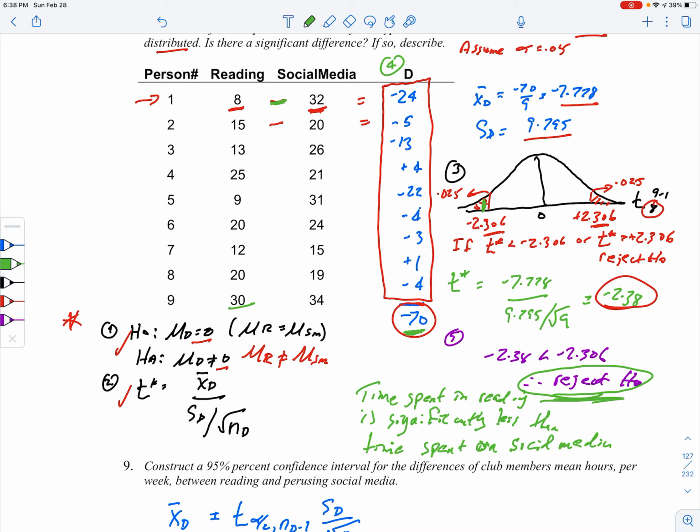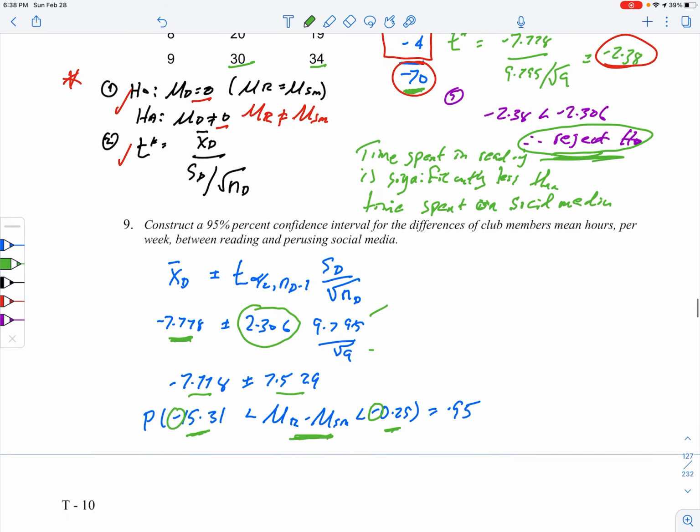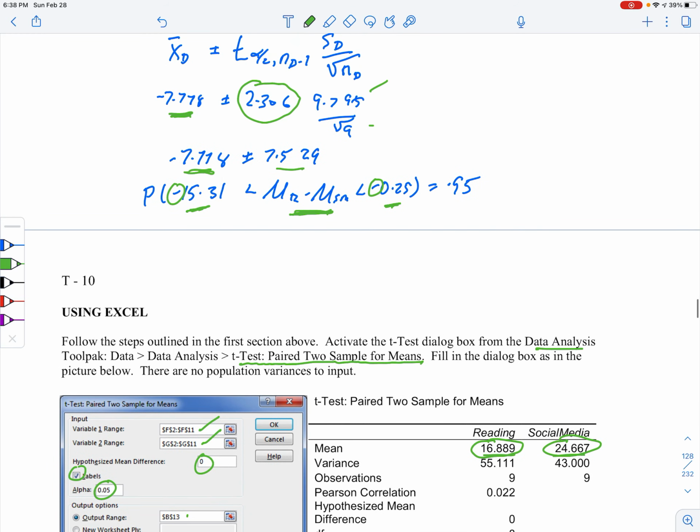But if you calculate the mean for each one, you sum them up and divide through by 9, and this is what you would end up with: 16.889 for reading and 24.667 for social media. And so that difference is about 7 or 8, which is what we had up here.